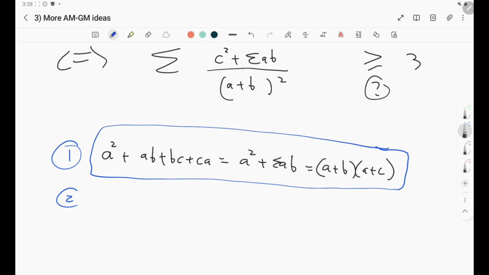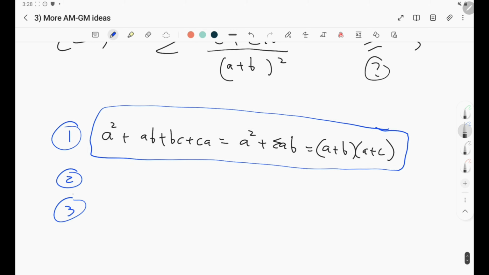Actually, I'm going to write some other formulae that are really important as well. One of them is the following. Basically, you need to know that sigma symmetric a squared b plus 2abc, you can also factorize.